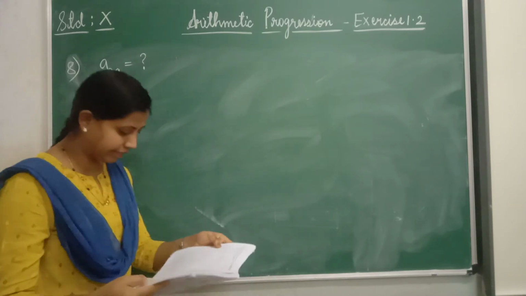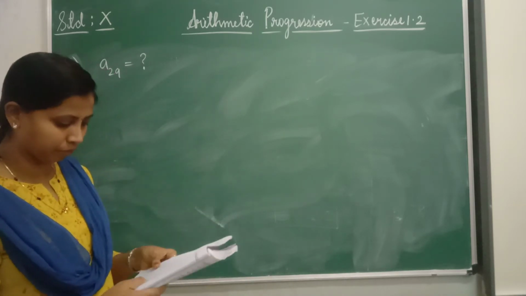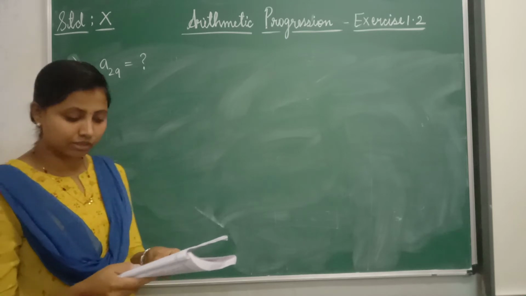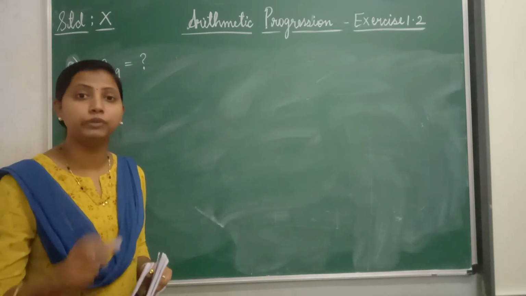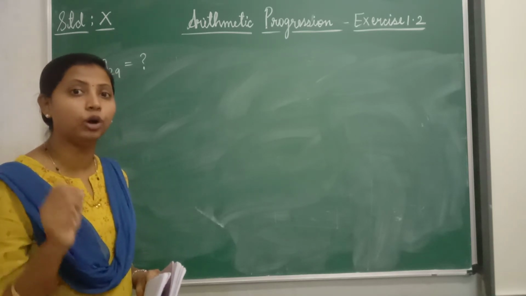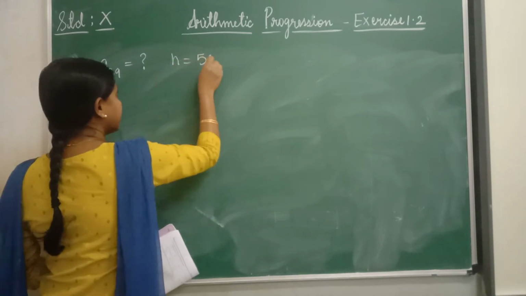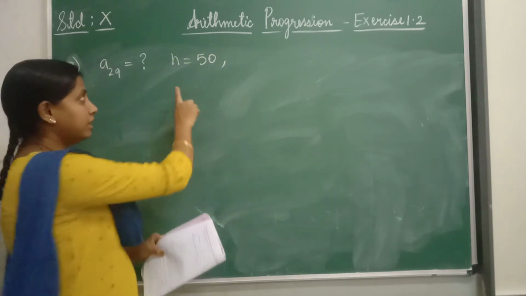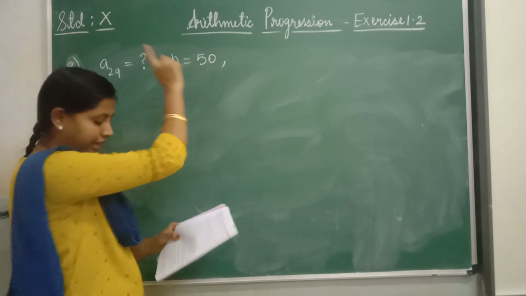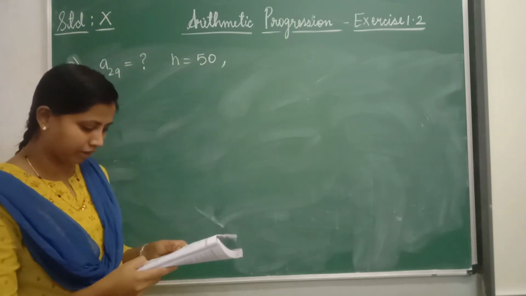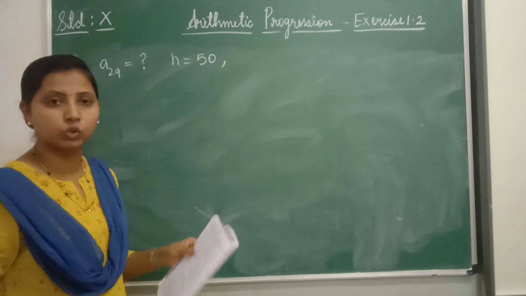So what is given here, children? Write that first. An AP consists of 50 terms. 50 terms is nothing but the value of n, number of terms. An AP contains 50 terms, means n is 50. Of which third term is 12.